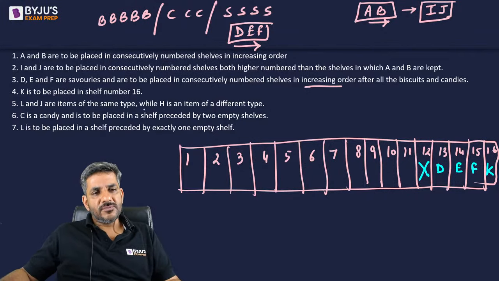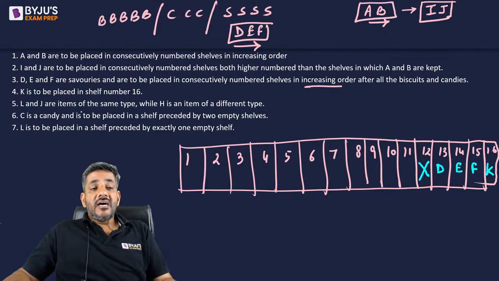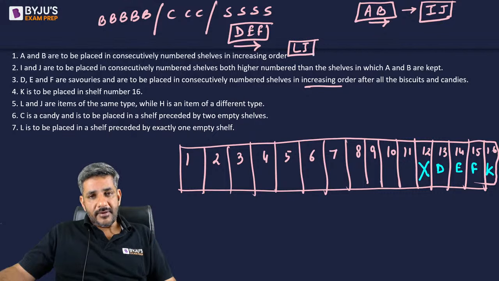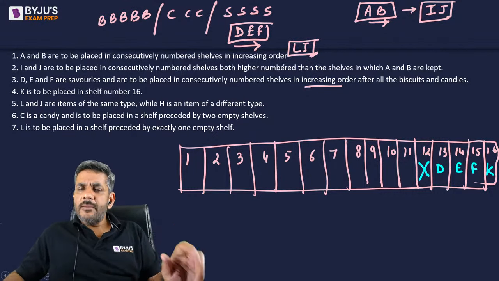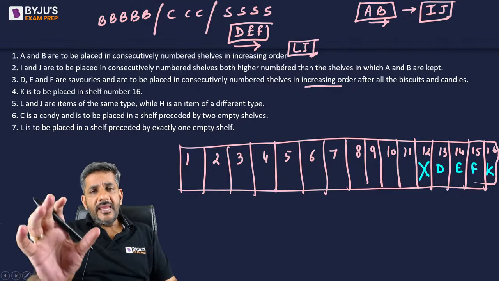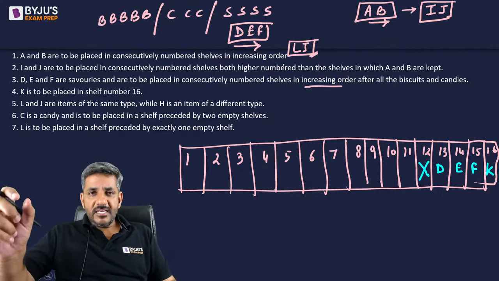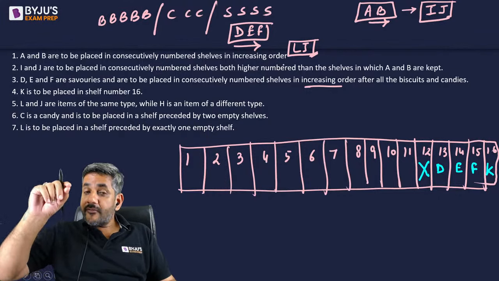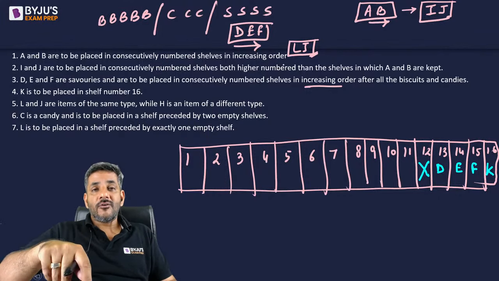Okay, let's move on. L and J are the items of the same type while H is an item of a different type. So what type is L and J? Look, AB is one type, IJ is one type, LJ is also one type. Now if IJ is one type, L and J are also of the same type.